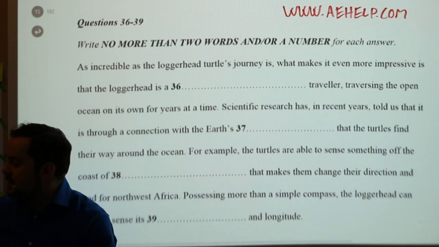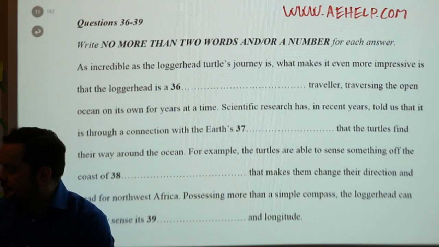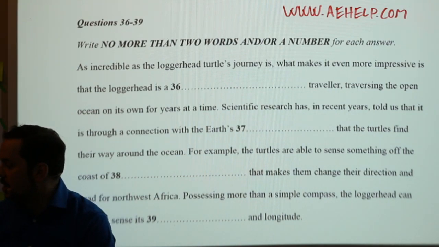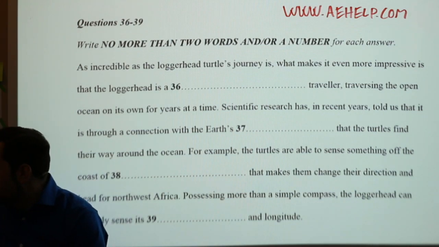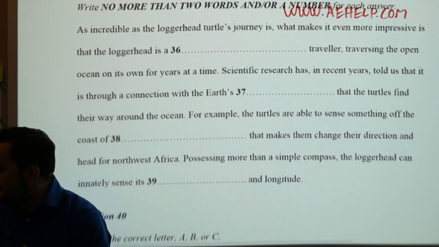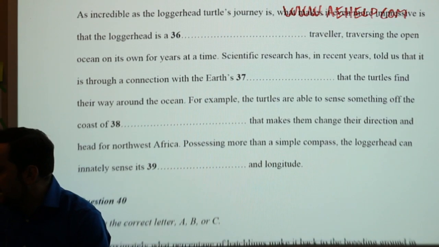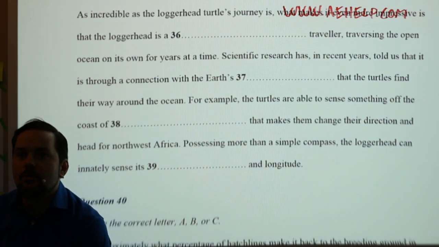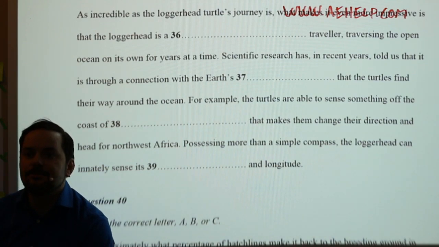Okay. All right, let's look at 36 to 39. So as incredible as the loggerhead turtle's journey is, what makes it even more impressive is that the loggerhead is a something traveler. Did somebody catch number 36? What number 36 is?